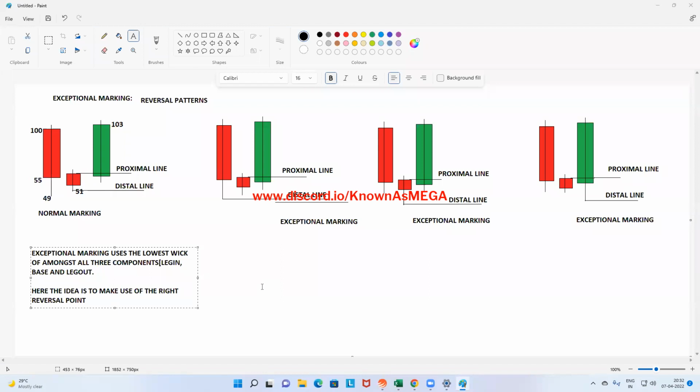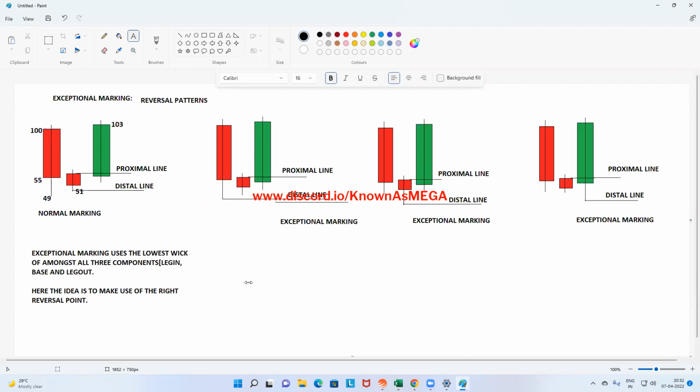Somebody is asking about RBR, DBR. See, I clearly said reversal pattern. For continuation patterns, what should be chosen? I will tell you. Clearly mentioned, right? Reversal pattern. It's right in front of your eyes. This is for demand zone.